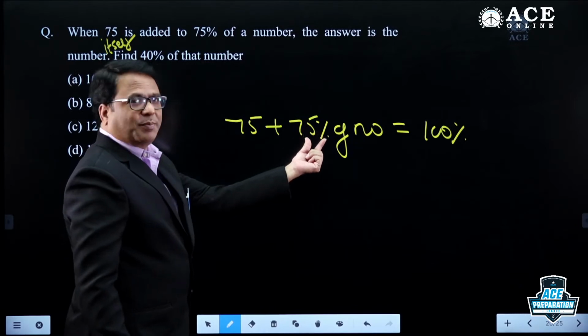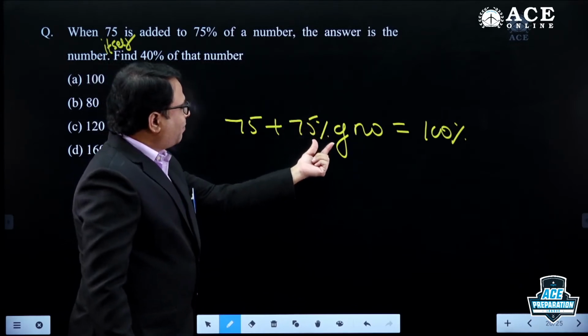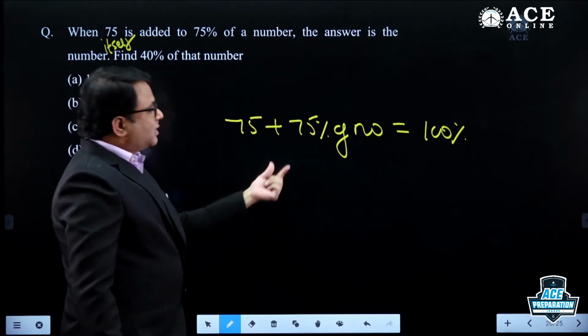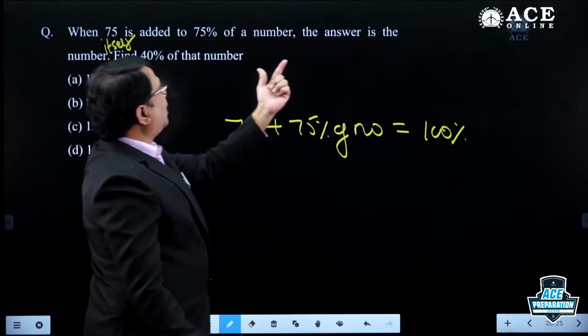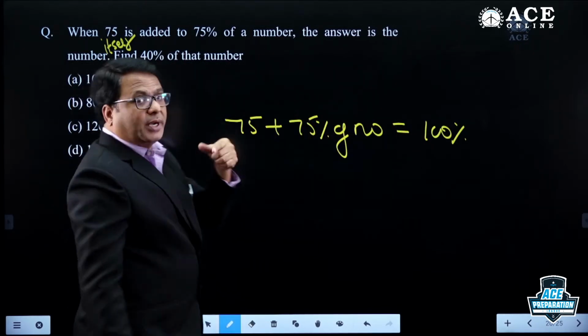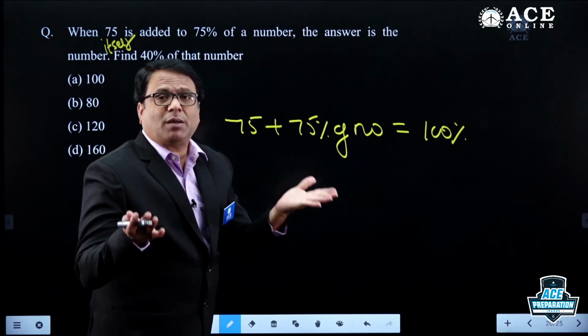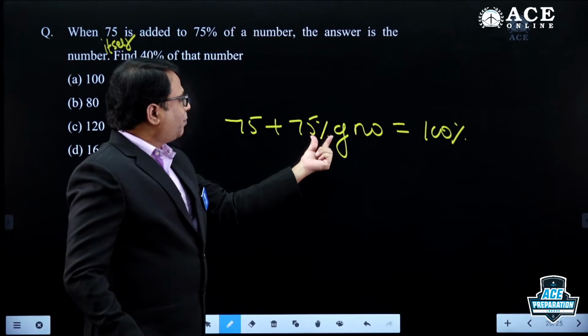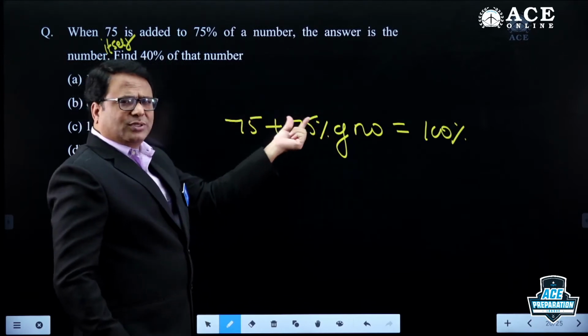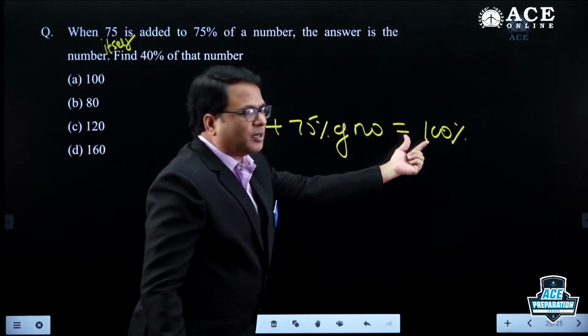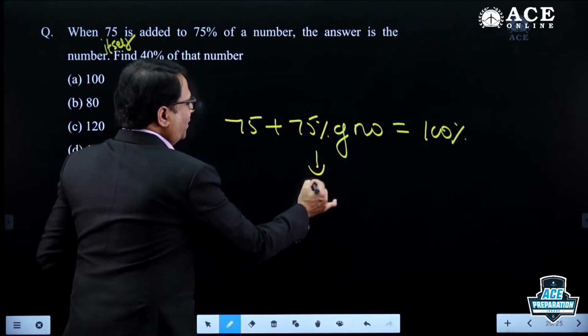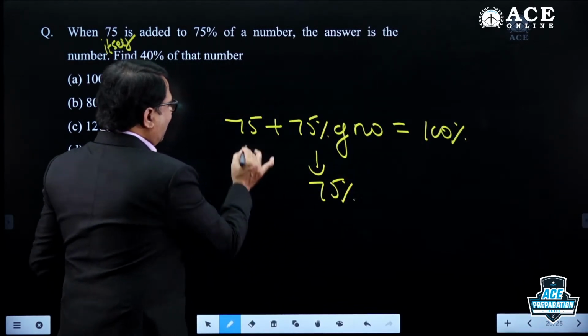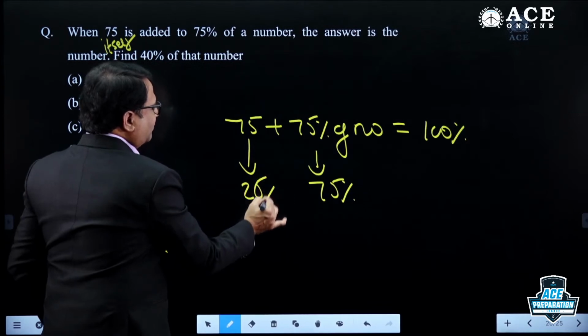This is already 75%. 75% plus this value is giving you 100% because it is clearly given the answer is the number itself. And the original number is always considered as 100%. So when 75% and this both are added, the result is 100%. So this is 75% and this should be 25%.